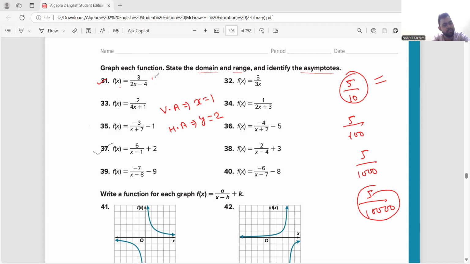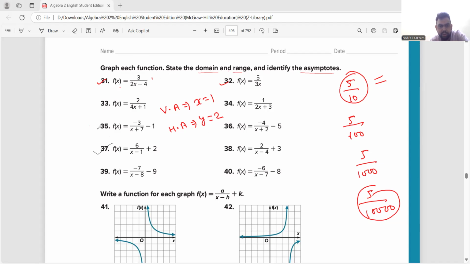No. So just y equals 0 is the answer. 32, y equals 0. 33, y equals 0. 34, y equals 0. 35, y equals minus 5.